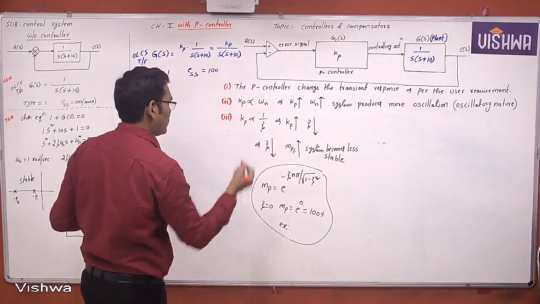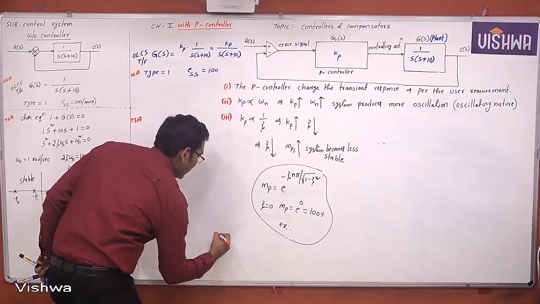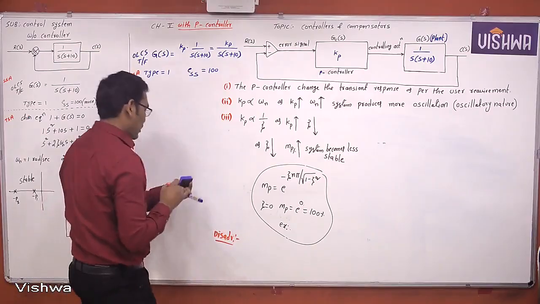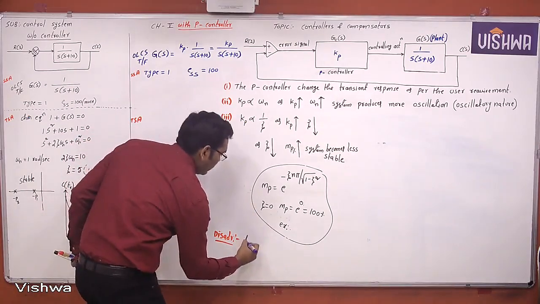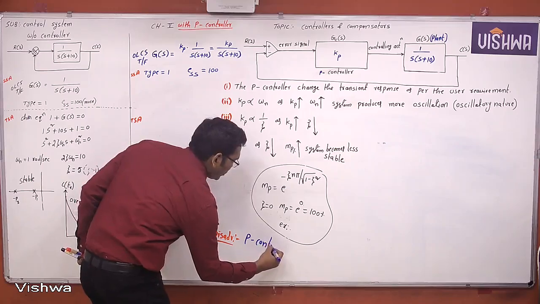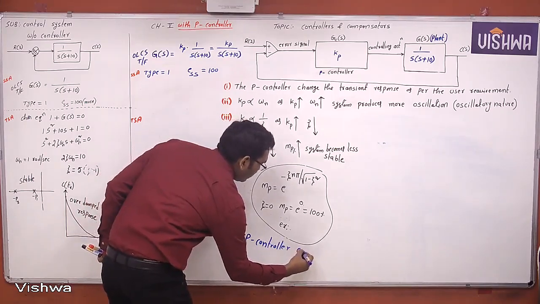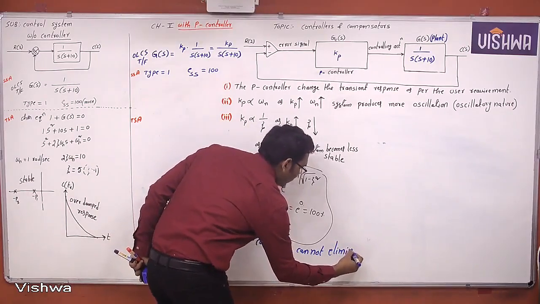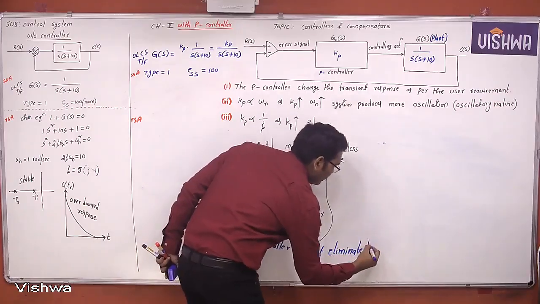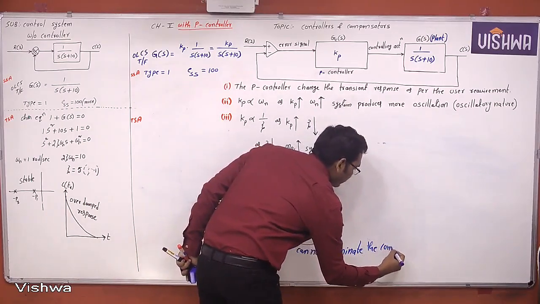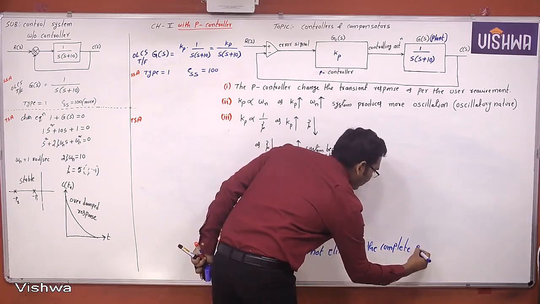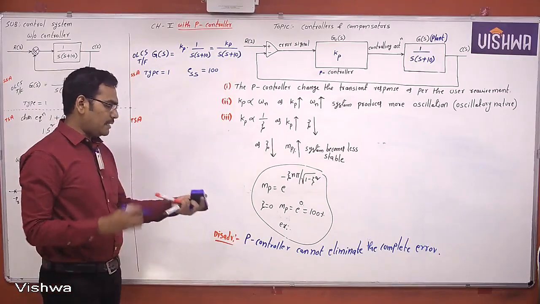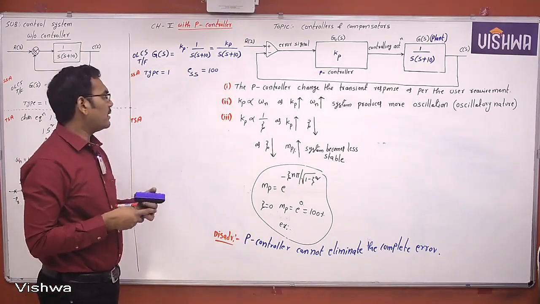So the disadvantage is the P controller, the proportional controller cannot eliminate the complete error. The proportional controller cannot eliminate the complete error. Okay. So you just recollect what you have studied.